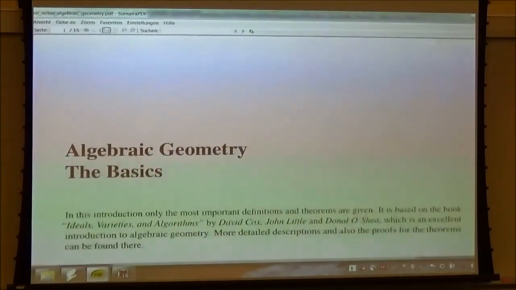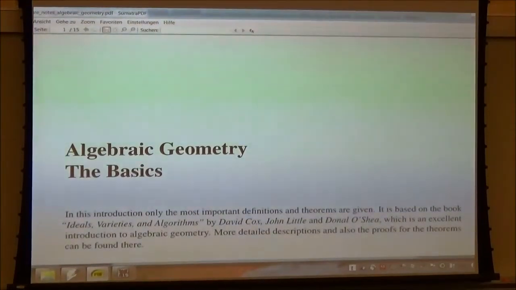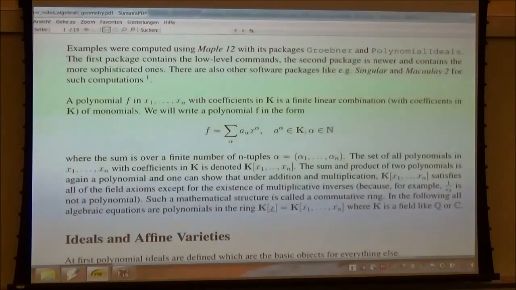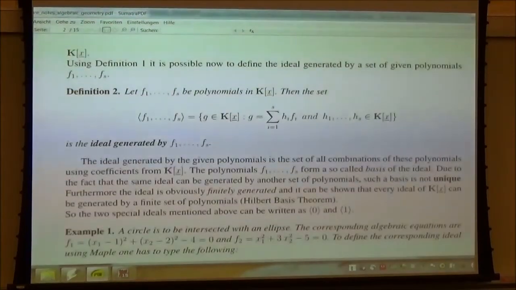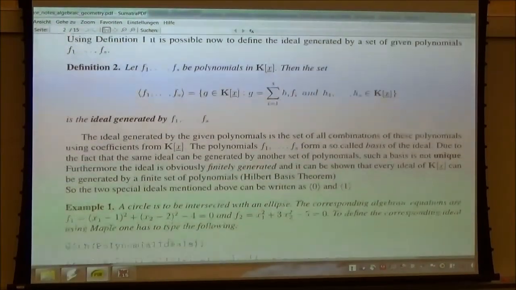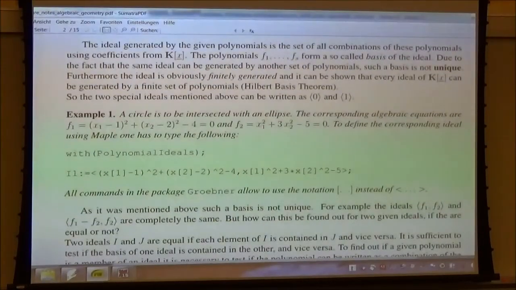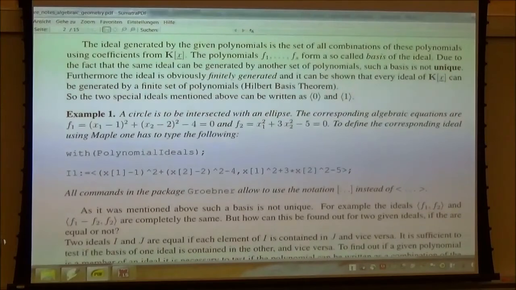You will get this primer. It's of course an excerpt from Cox, Little, O'Shea, but the most important definitions that are interesting in engineering are contained here. Additionally, at each step we have added an example, a simple example, in most of the cases.